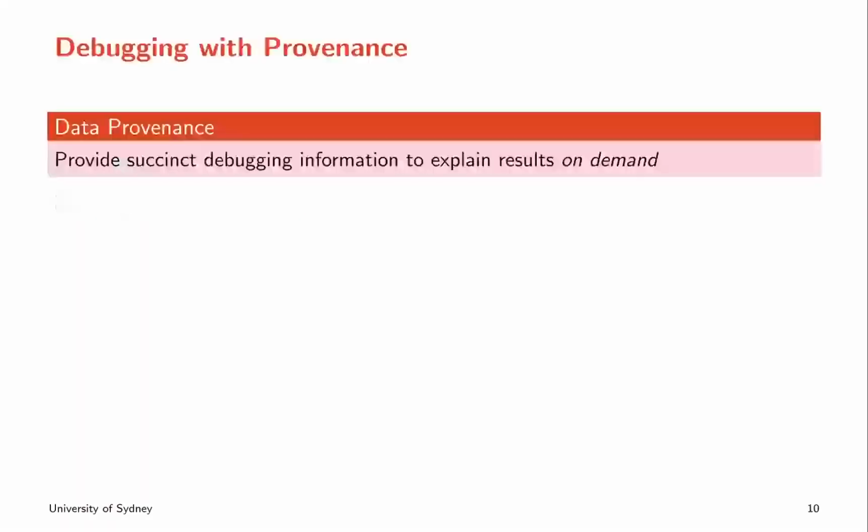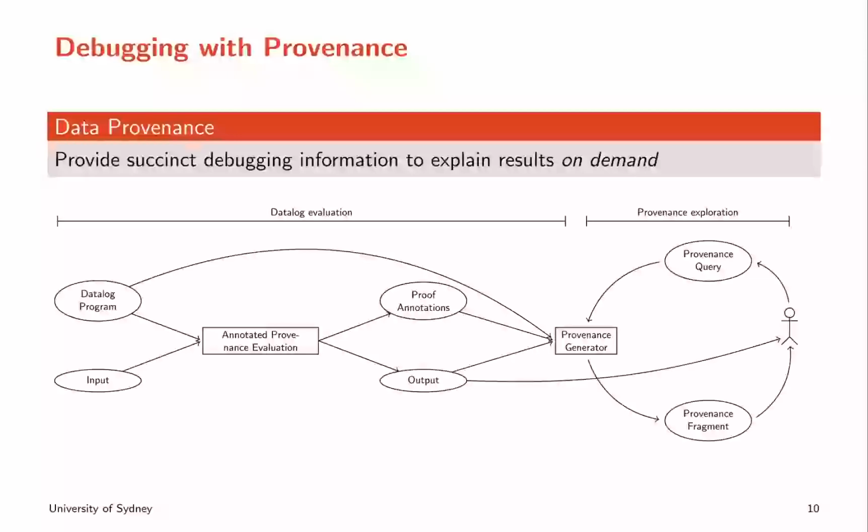So our approach leverages a concept known as data provenance. The idea is we want to provide debugging information which is as succinct as possible, and this debugging information should explain the origins or the provenance of the results of the Datalog program in an on-demand fashion. So how this might look is we have a two-stage approach.